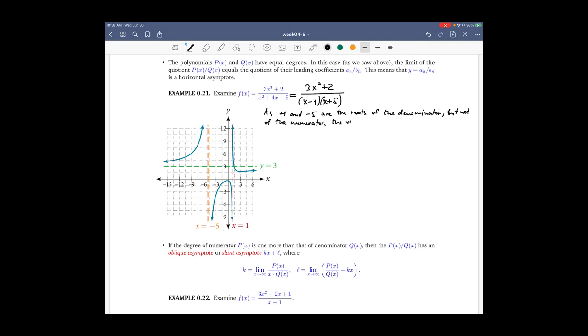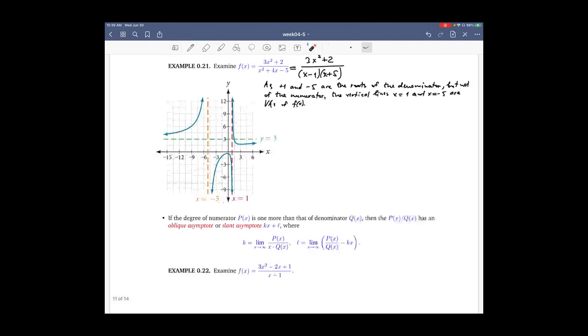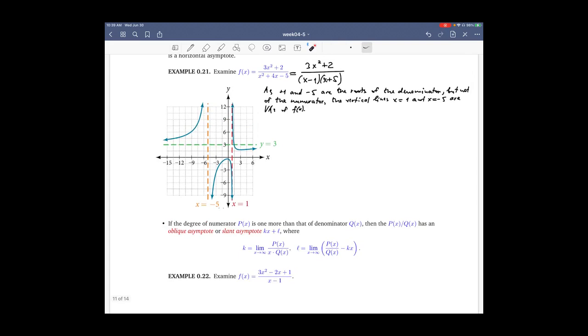The vertical lines x equals 1 and x equals negative 5 are vertical asymptotes of f. And indeed, we see that in the picture, x equals 1 and x equals negative 5 are vertical asymptotes of this graph.